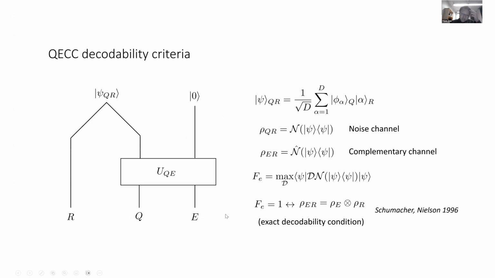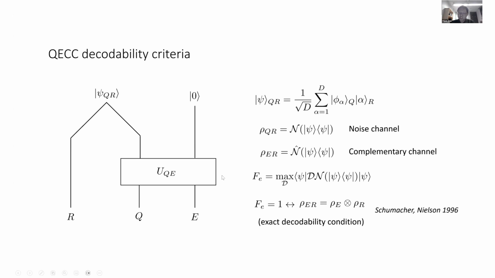So here I want to introduce the state psi_QR, which is the maximally entangled state between a reference system and a quantum system, which is the physical system of your code subspace. So phi_alpha is just a code word in your physical system, and alpha labels some auxiliary space which you call the reference, and you first create a maximally entangled state. And then you want the quantum system to go through some noise channel.